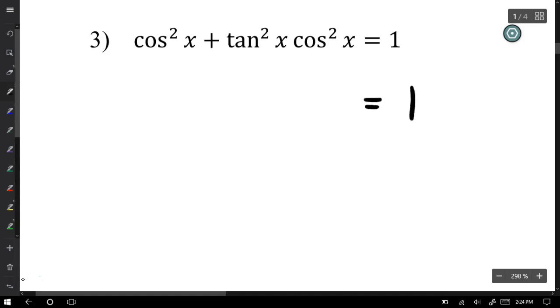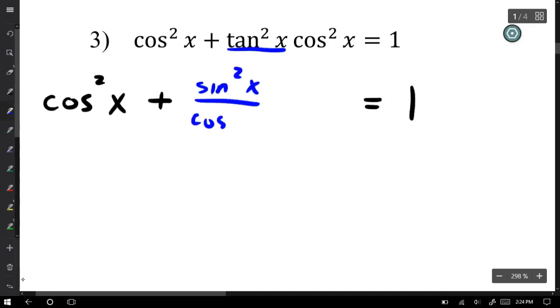And I can do what I did in the previous problem, and let's change the sine to cosine. So this is going to say cosine squared of x plus, and this will become sine squared of x over cosine squared of x. And then cosine squared just stays cosine squared. And I can put it over 1 if that makes you feel better. And they're being multiplied.